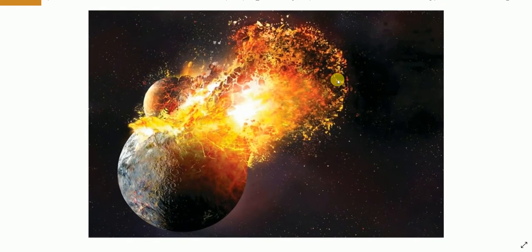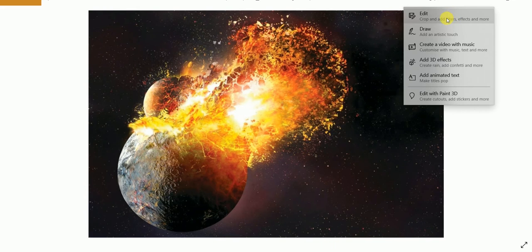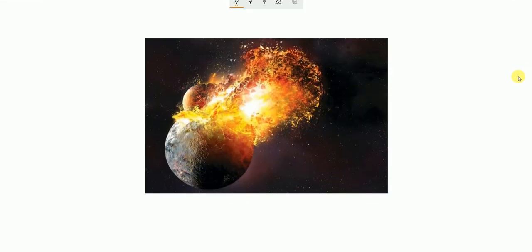Here one very big celestial body, an asteroid, having the size of the present Mars, hit the Earth. Accordingly, materials were ejected from the surface of the Earth.